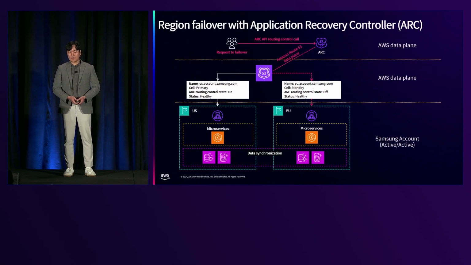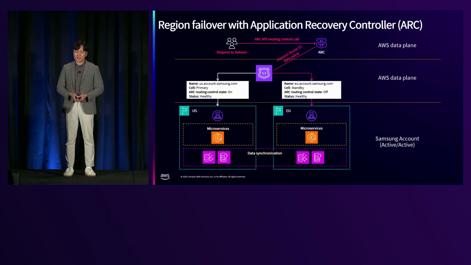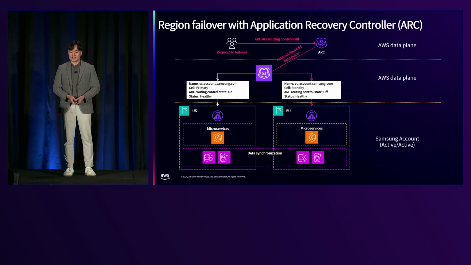During discussions with AWS about the DNS-based failover traffic control method, we encountered critical issues. AWS Route 53, responsible for DNS record setup and modification, has its control plane built on the infrastructure in the US East 1 region.